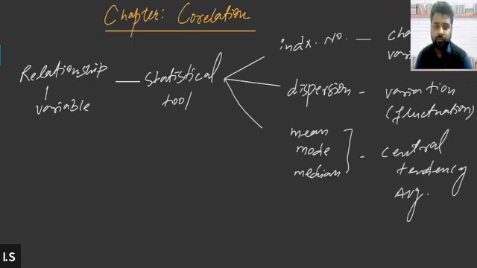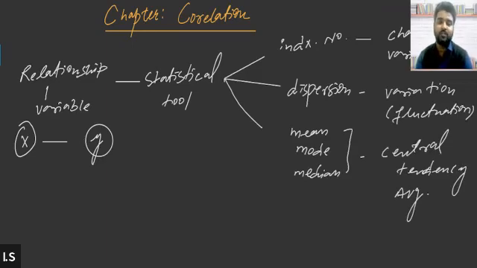If I want to determine the relationship, or the degree or the extent to which two variables are interrelated, I'll have to use correlation. In order to determine the relationship, I cannot use dispersion, mean, median, mode, or any other statistical tool. If I want to establish the relationship, I'll have to use correlation only.